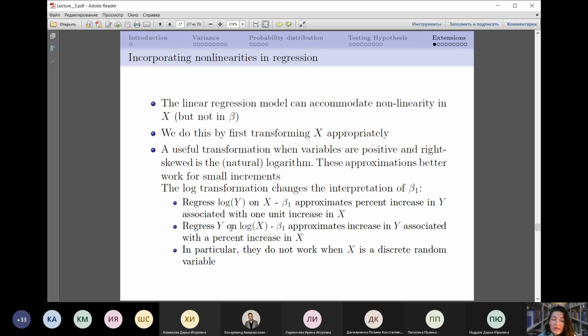In this case, our slope parameter approximates the increase in the dependent variable associated with a % increase in x. And of course, we can transform both sides of our equation: the independent variable and the dependent variable.